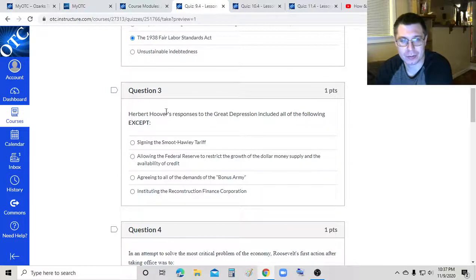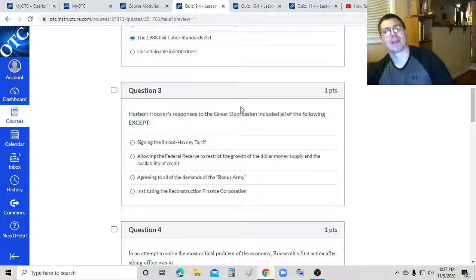Question 3. Herbert Hoover's responses to the Great Depression included all of the following, except, so did he sign the Smoot-Hawley tariff? Yes. Did he allow the Federal Reserve to restrict the growth of the dollar money supply? Yes. Did he agree to all of the demands of the bonus army?